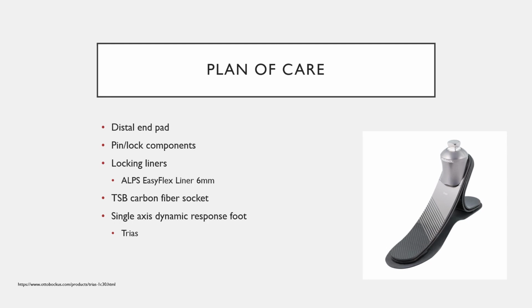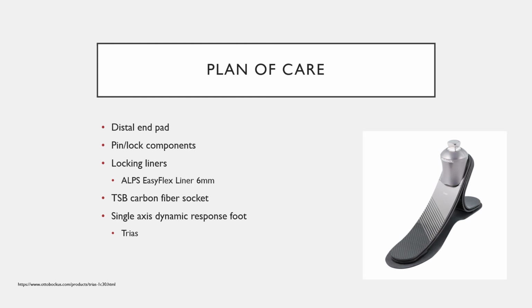The Trias we chose because it's specifically designed for moderately active individuals who require a bit more stability, which is exactly who he is. He's moderately active, he could benefit from that dynamic response, but he requires a bit more stability due to his quote-unquote sound side being in a crow boot.